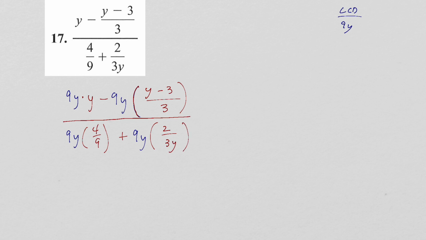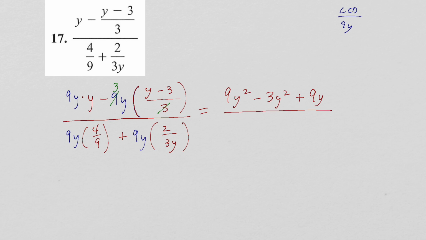Okay, so I'm going to get in the numerator, for this I'll get 9y squared. Over here I'm going to cancel. 3 goes into this 3 times, and when I distribute, I'm taking the negative, the 3, and the y. All of that is going to distribute to here. So negative 3y times y is a negative 3y squared, and negative 3y times negative 3 is a positive 9y.